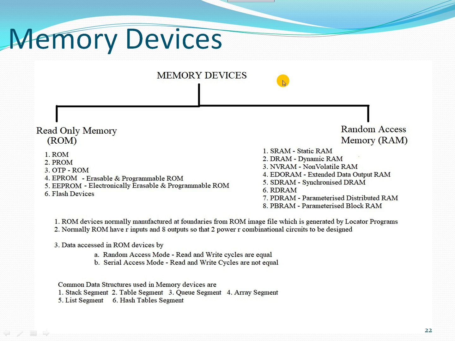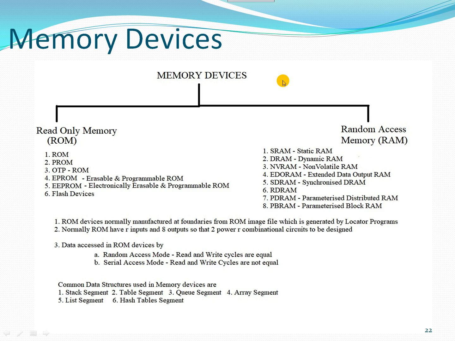Normally a ROM device has R inputs and 8 outputs, because ROM devices and most of the memory devices work under the category of 8-bit data length. Since those devices work on 8-bit outputs, we will be having R inputs and 8 output pins, so that 2 power R combination circuits are to be designed.